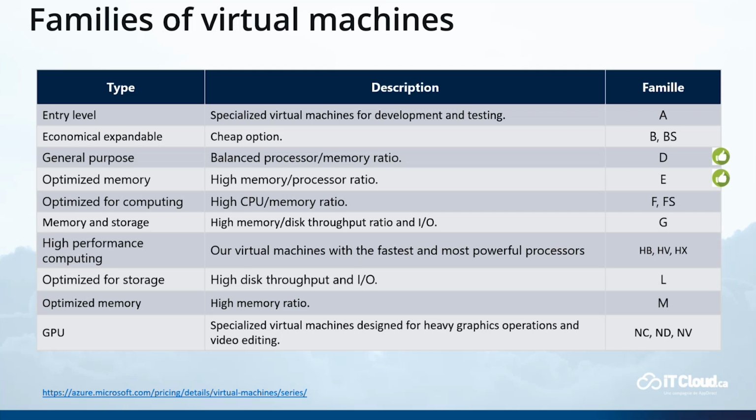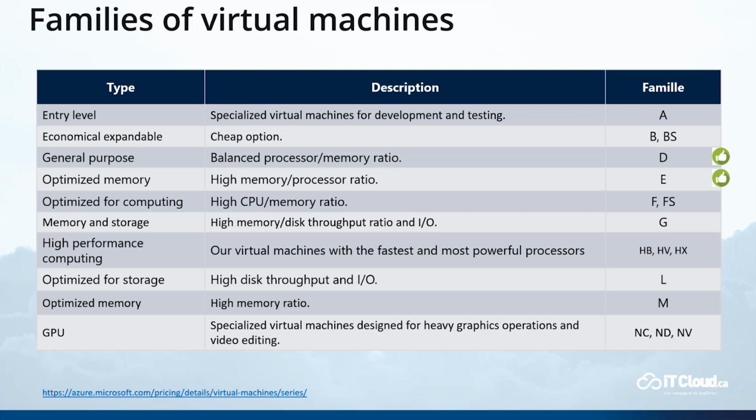I don't want to spend much effort on that in order, but what you need to understand is the D family is balanced. So the number of CPUs will be balanced to the memory: 2 CPU, 8 gigs of RAM; 4 CPU, 16 gigs of RAM.